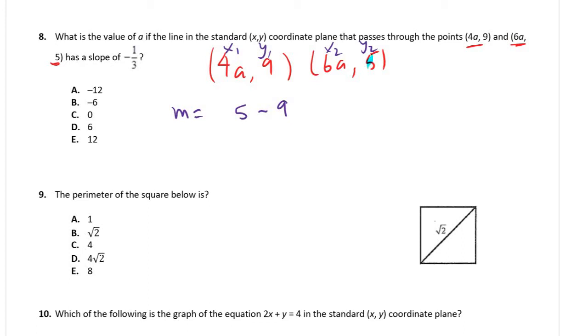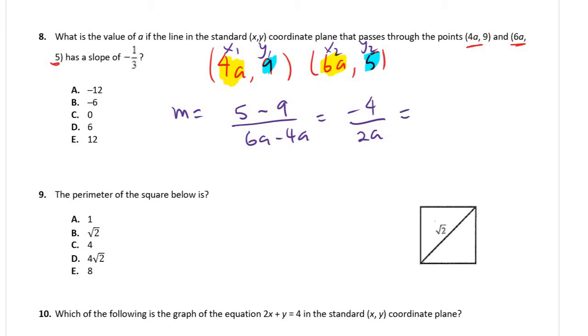All right, 5 minus 9. And then I will do over 6a minus 4a. 5 minus 9 is negative 4. Sorry about that. And then 6a minus 4a is 2a.